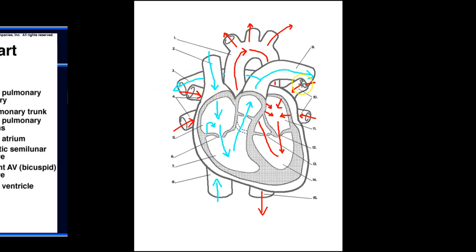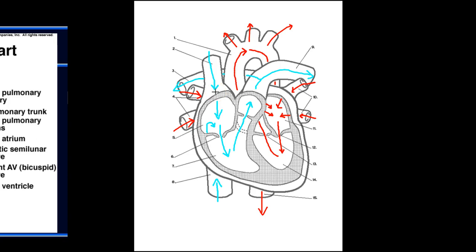Now, one last interesting thing to note. Virtually all of the arteries in the human body are going to be carrying red oxygenated blood out to the body tissues to deliver oxygen and nutrients. Whereas virtually all the veins of the human body will be carrying blue blood, which has been deoxygenated.